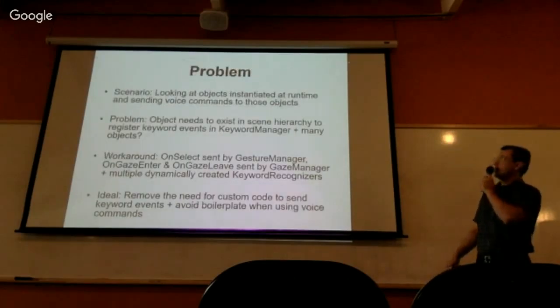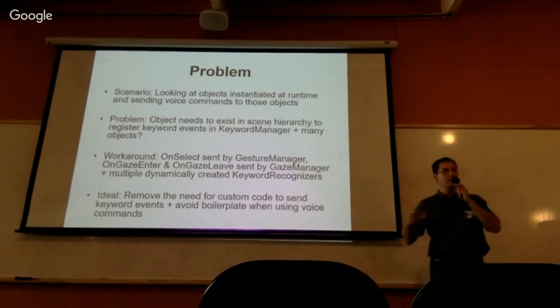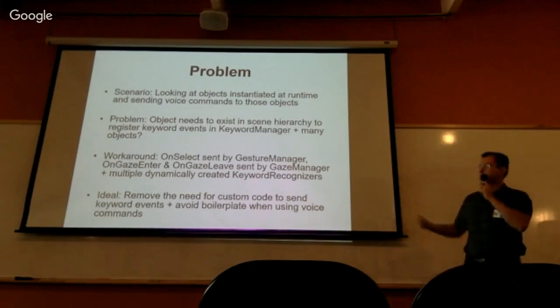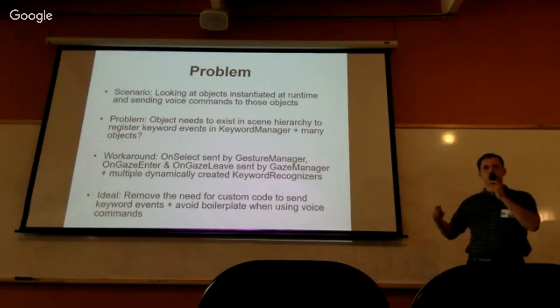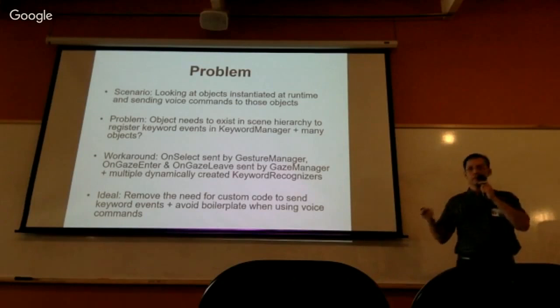I was building an app, and one of the problems that I encountered for my specific use case is that Toolkit did not have a built-in ability to send keyword messages to objects instantiated at runtime. And as you already guess, most interesting Unity apps would have objects that were created at runtime.